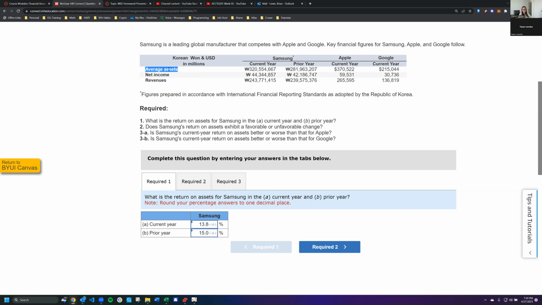So when it's like that, when you're trying to do the ROA, you just take the numbers as they are. You don't have to do anything else for it. Right. Okay.